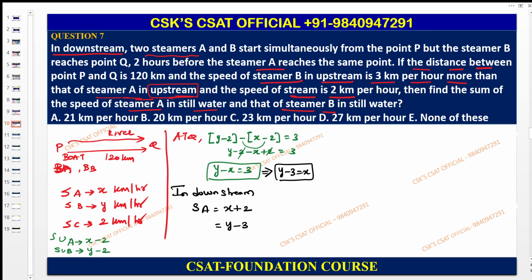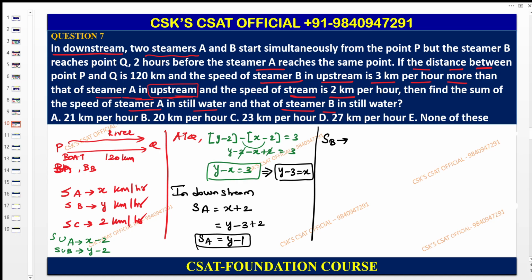what is that in downstream? In a downstream, the speed of the steamer A, we need to add up both here. So it becomes x plus 2. From this you can find out the value of x.